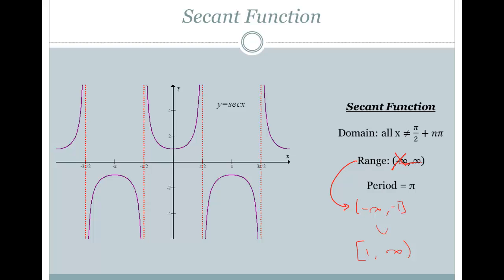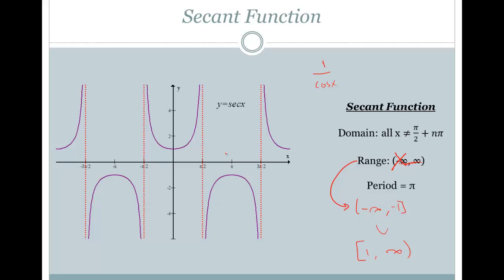So everybody needs to understand there's no value between negative 1 and 1. Okay, there's no value in here because cosine is always between negative 1 and 1. And so if I have 1 over cosine x, this number here is always larger in magnitude than 1.